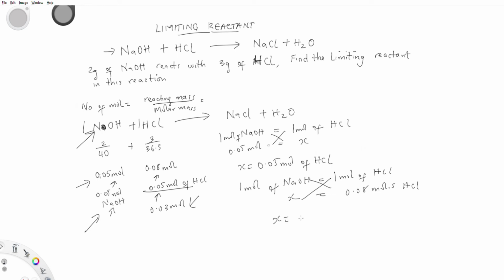We can see that it is 0.08 mole of sodium hydroxide, but we only have 0.05 mole. We still need 0.03 mole to complete this. So this sodium hydroxide will limit the reaction once it gets to 0.05 mole. I believe we understand that.